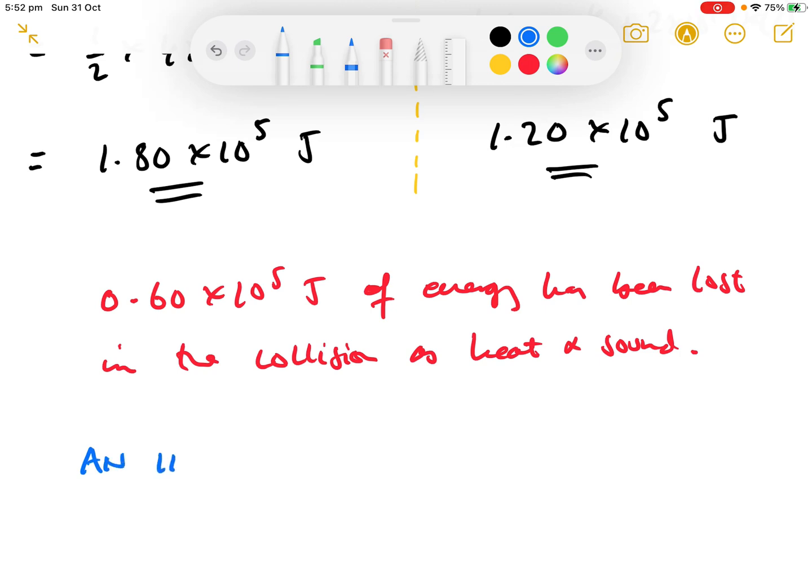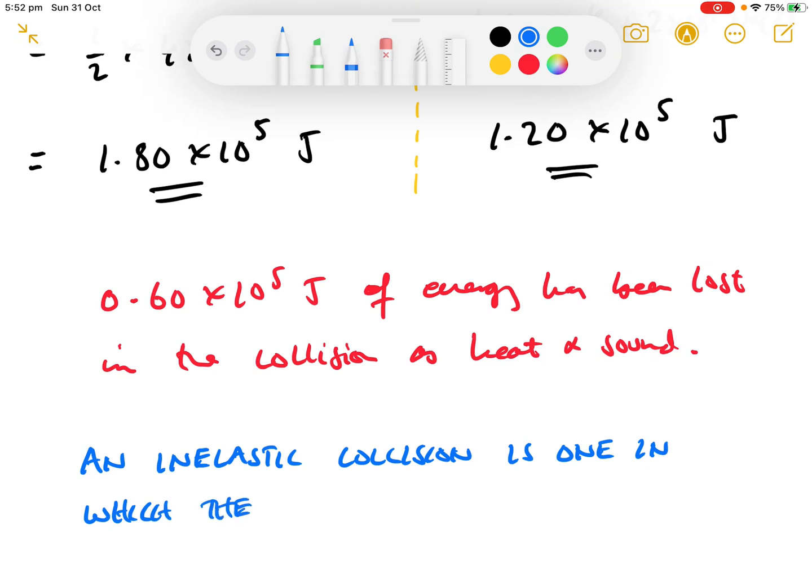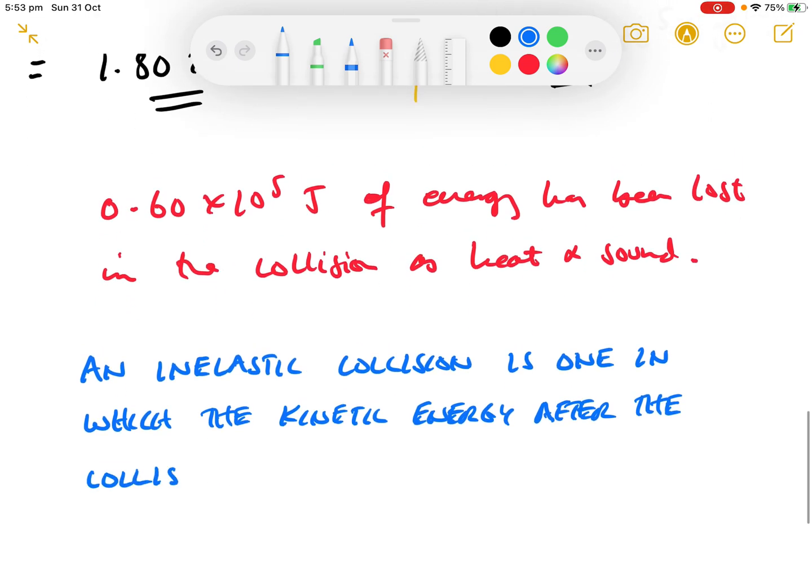An inelastic collision is one in which the kinetic energy after the collision is less than before the collision.